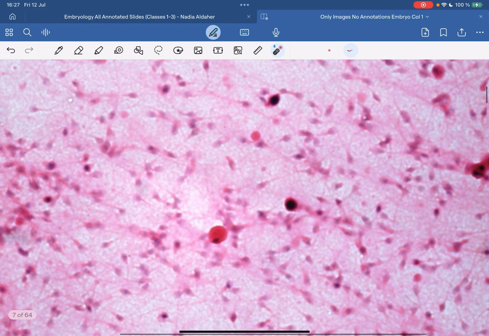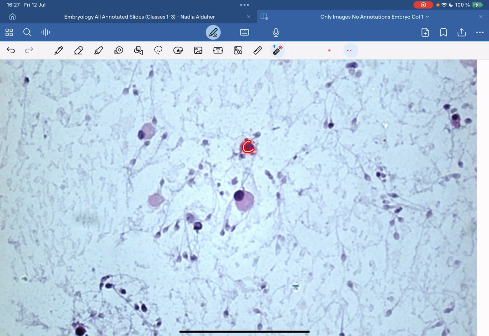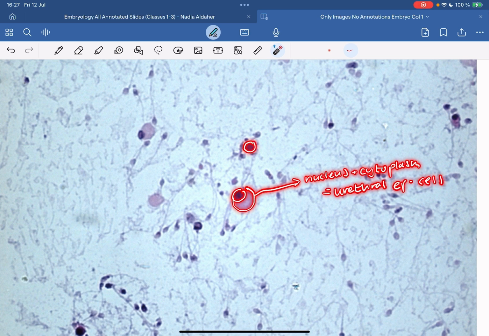The other cell that I mentioned is the lymphocyte. Now, the lymphocytes appear like the human urethral epithelial cell, only they don't have the surrounding cytoplasm. So here you can see a lymphocyte, here you can see a urethral epithelial cell. So nucleus plus cytoplasm, or big cytoplasm, equals the urethral epithelial cell, while the lone nucleus with no visible cytoplasm is the lymphocyte.